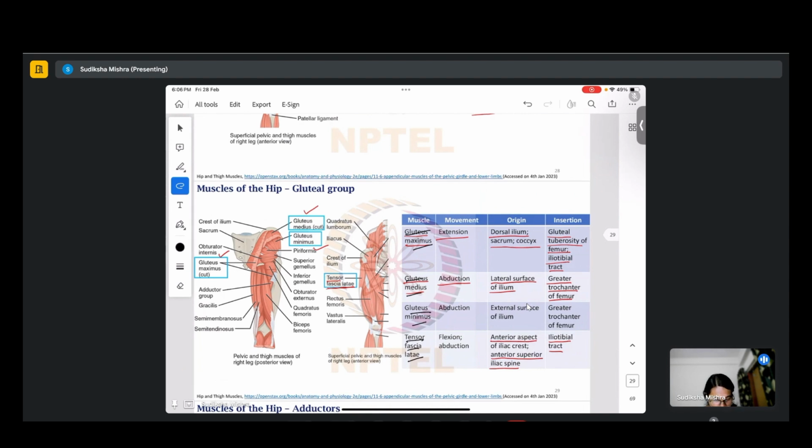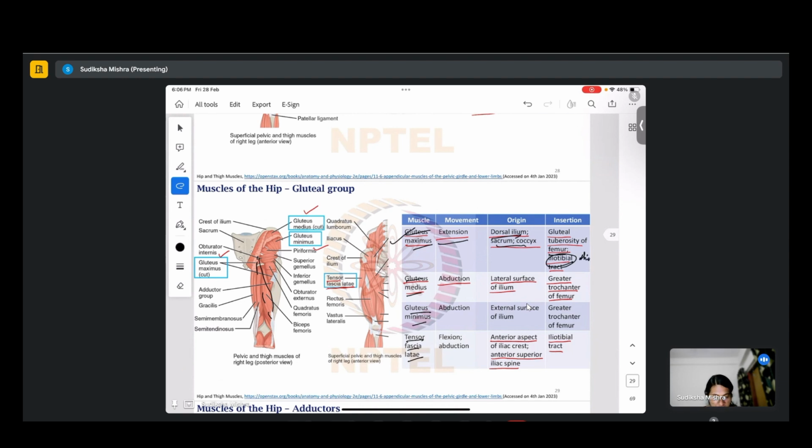The gluteus maximus, which you can see here in this area, is responsible for extension of the hip joint, and it originates in the dorsal ilium, sacrum and coccyx, so basically near the tailbone, and it inserts into the femur and the iliotibial tract. The iliotibial tract is basically near the shin.